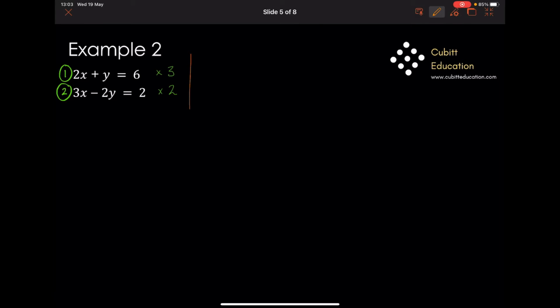I have to also do the y's, the 6 and the 2y and the 2. So 2x times 3 gives me 6x. y times 3 gives me 3y. The plus would remain the same. And 6 times 3 is 18. And now I've got a third equation. I'm going to label that equation 3.